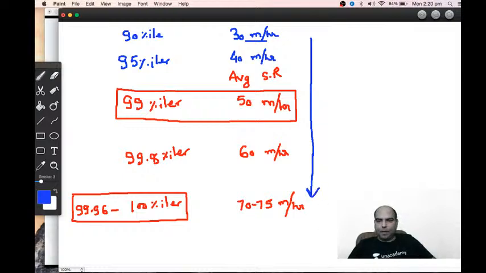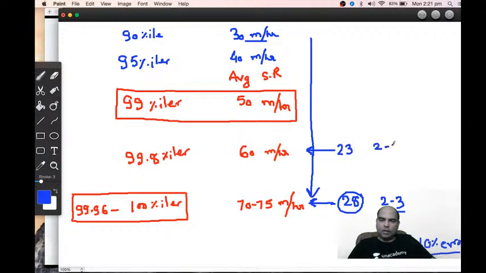So broadly, if a person is solving at a 10% error rate, we are talking about solving around 28 questions per hour with 2-3 errors to hit this zone. We're talking about attempts of 28 questions per hour with 2-3 incorrects. To hit this zone, we are talking about around 23 attempts with 2-3 incorrects. 23-24 attempts with 2-3 incorrects.